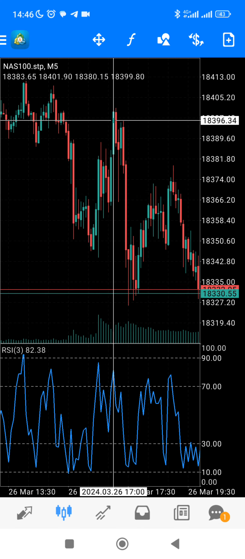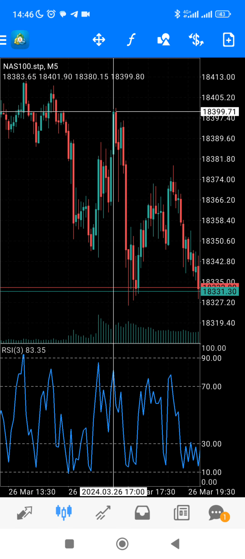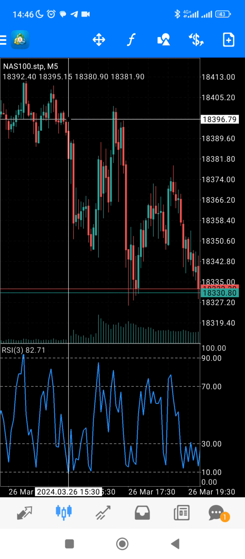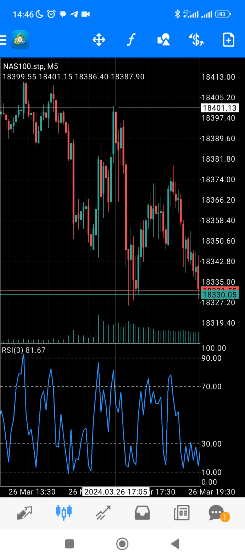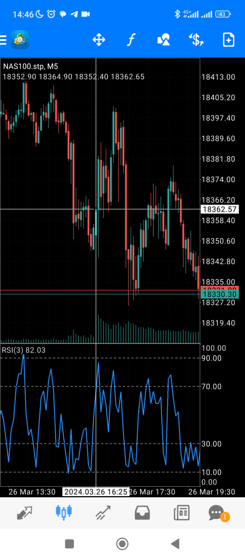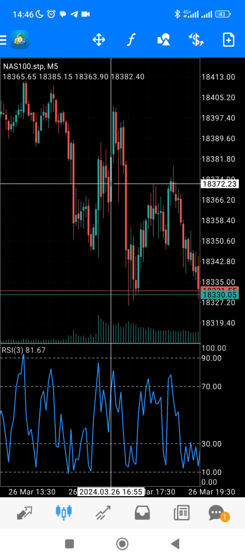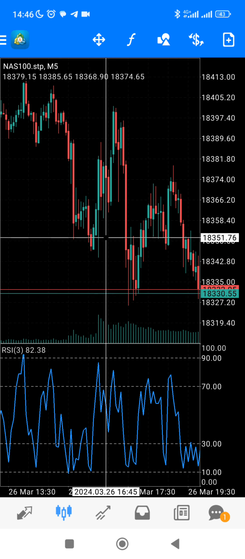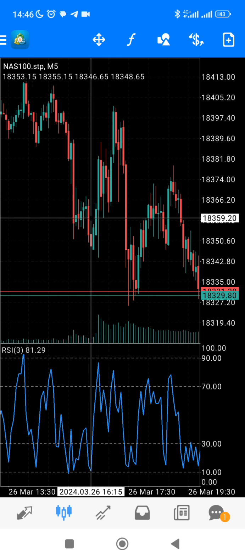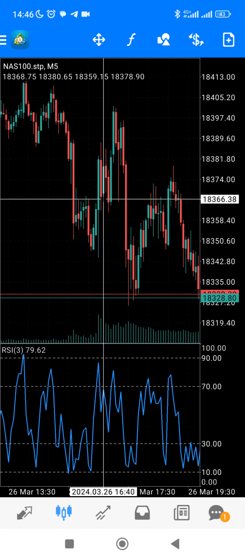It only managed to give us this push over here, and because of this supply zone that I saw over here, I took some of my position off and put the rest at break even. Because I wasn't confident about this trade, I had strict risk management, right?